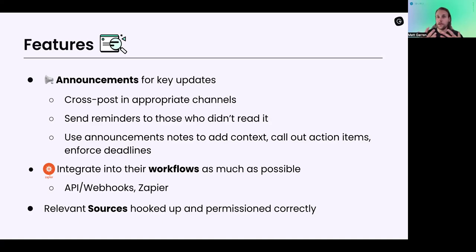And you can use the announcement notes to communicate a lot of context too. So when you're using the announcement notes, put in things like why they need to look at this information, when they need to look at the information by, and if there are action items or takeaways that they need to be aware of. You can put those in the notes as well, as well as any deadlines.